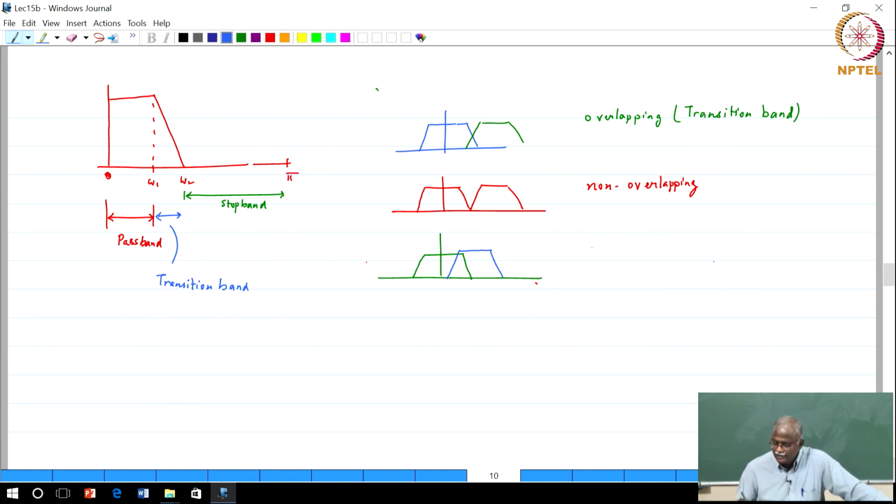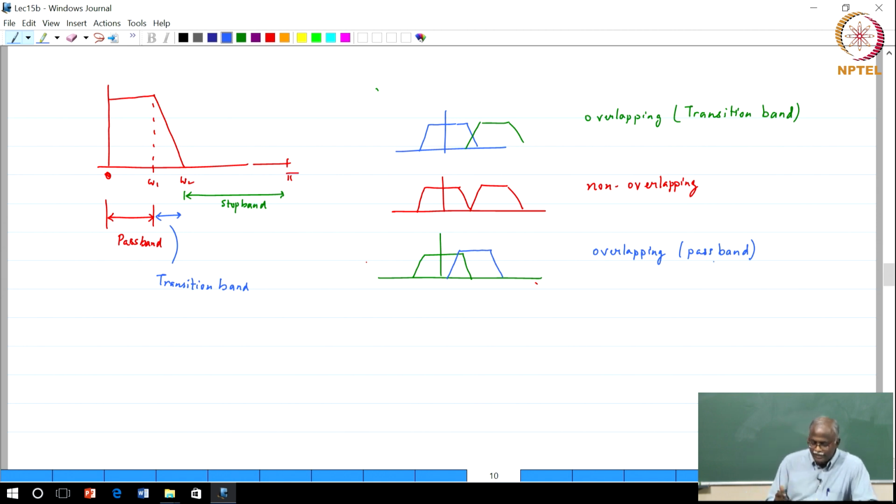These are overlapping in the pass band. Based on your applications, you may design one of these kinds, and notation-wise, overlapping without any other specification, you assume it is in the transition band. Otherwise, you can specify it as non-overlapping or significant overlap, which means that the pass bands themselves will be overlapping.